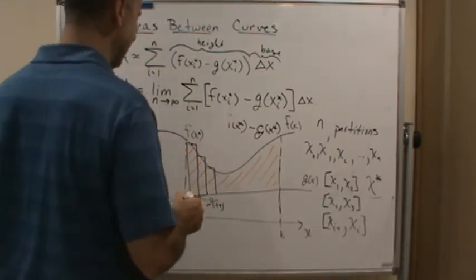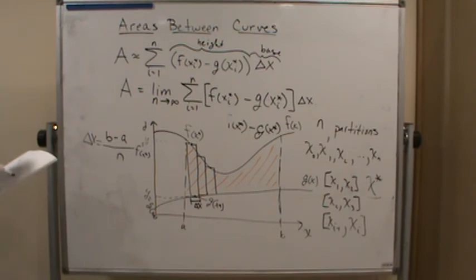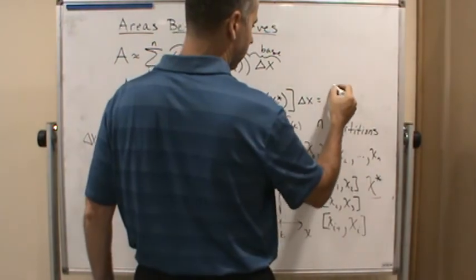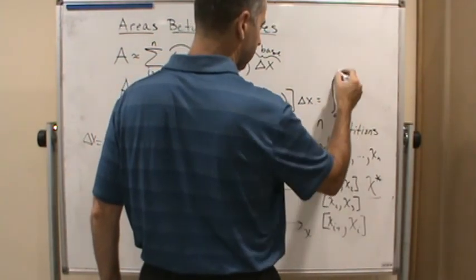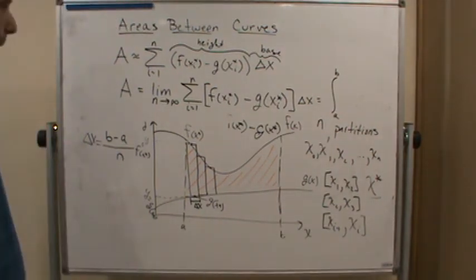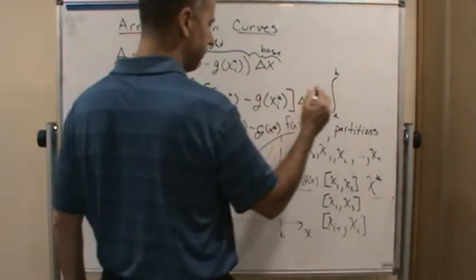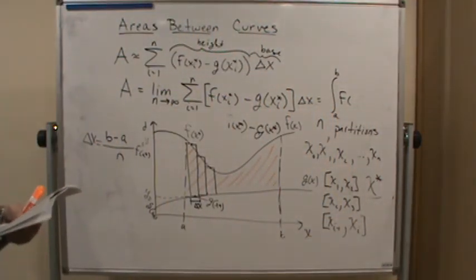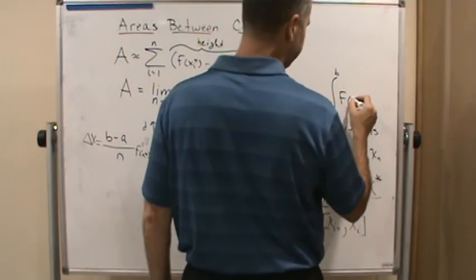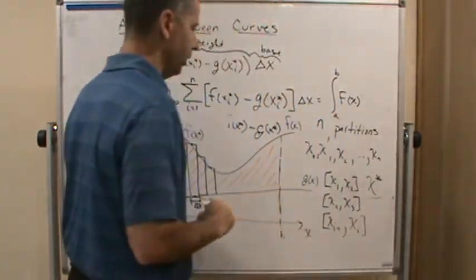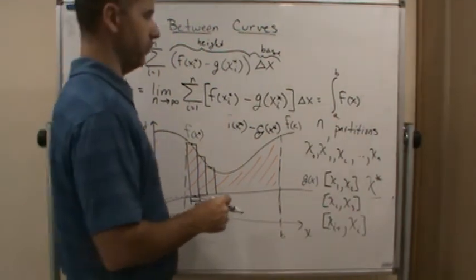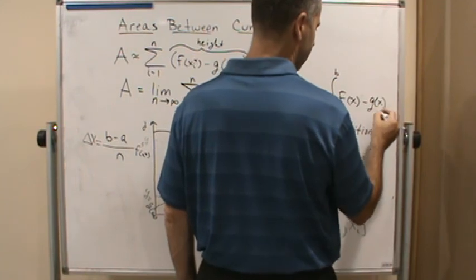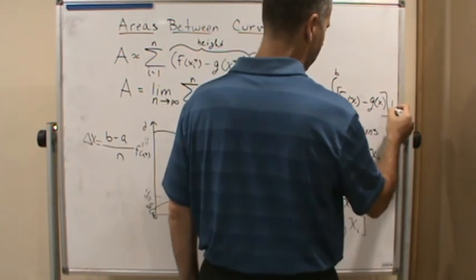Because I'm going from a to b, this is going to equal the integral from a to b of f of x minus g of x dx.